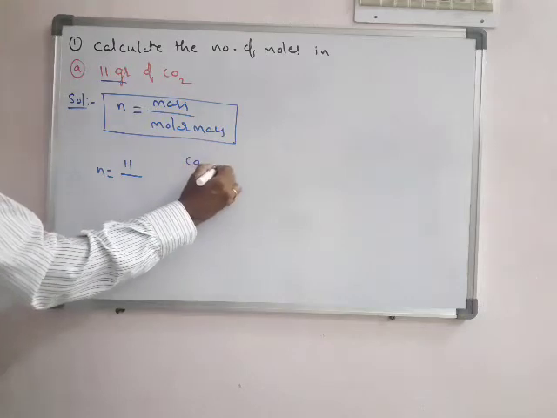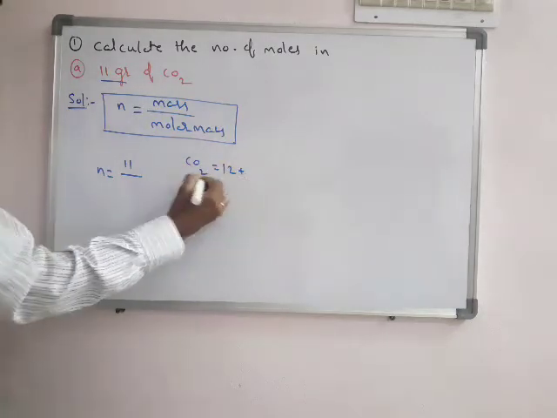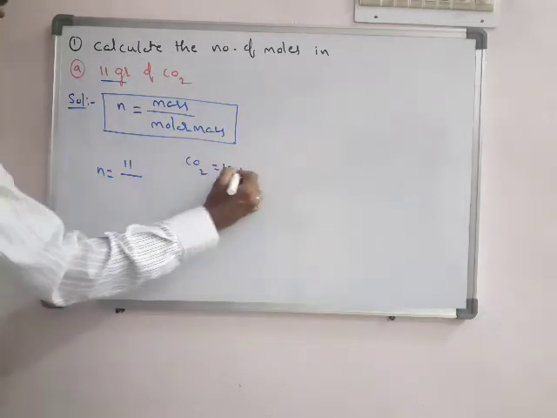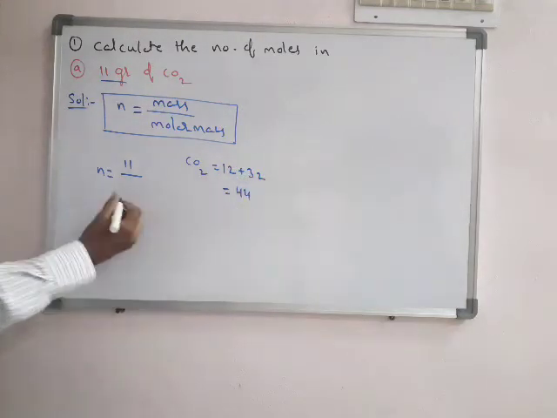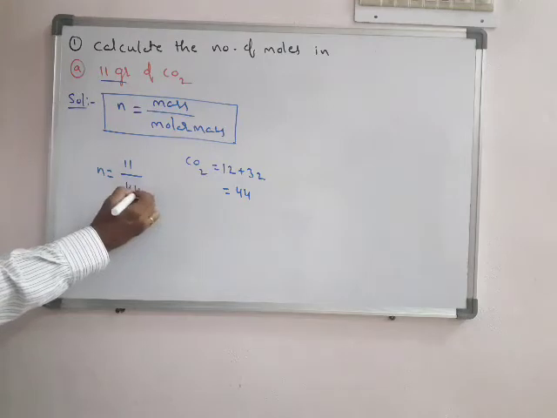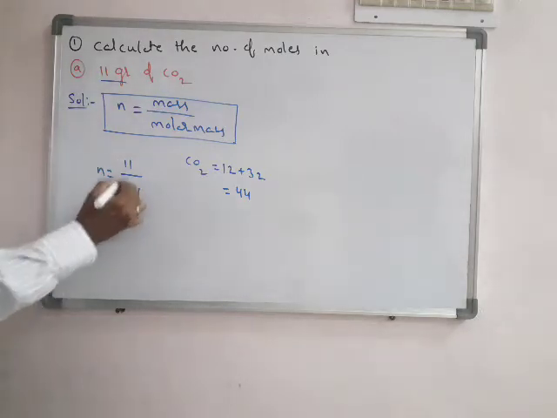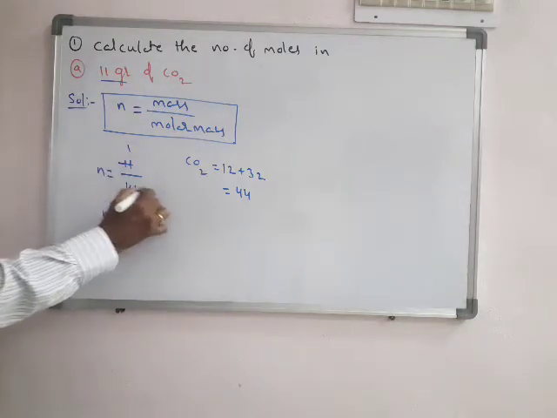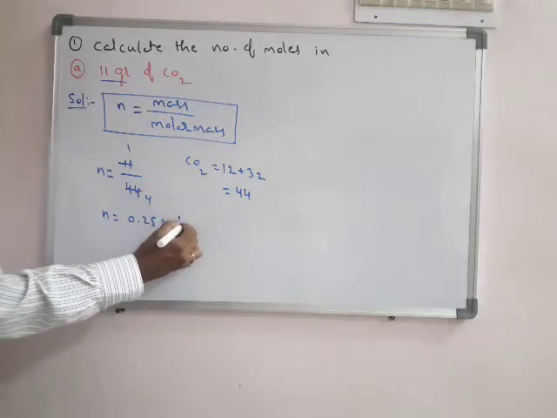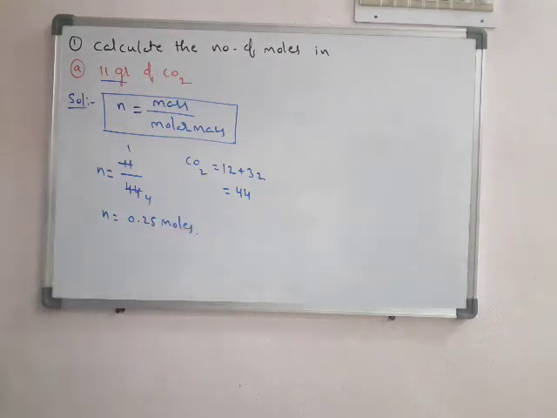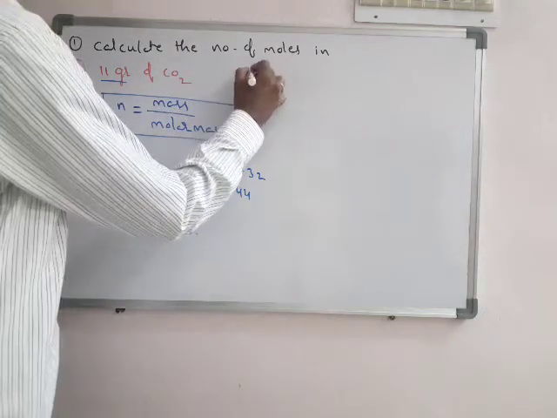Carbon dioxide molar mass: carbon 12, each oxygen carries 16 plus 16, so its molar mass is 44. So 11 by 44 gives 1 by 4, which is 0.25 moles.